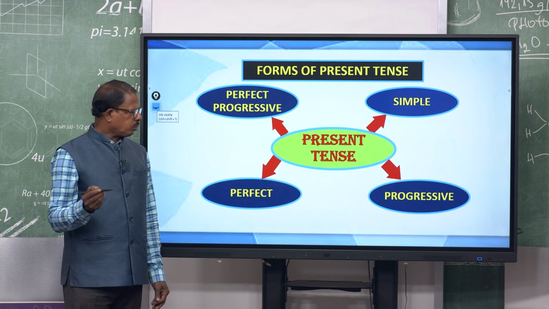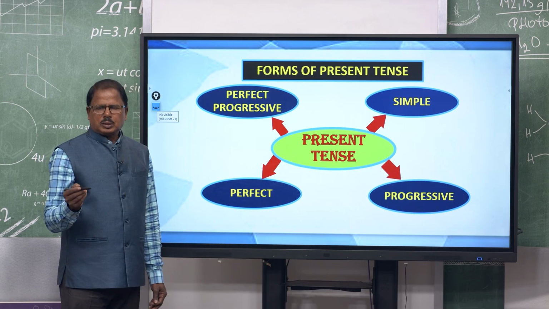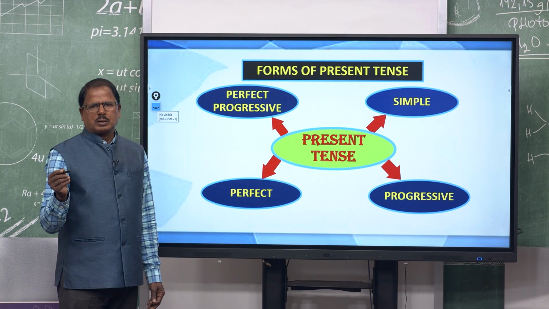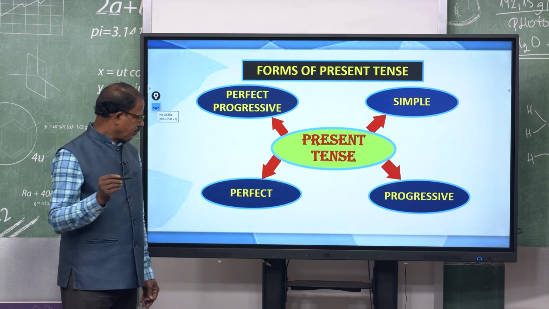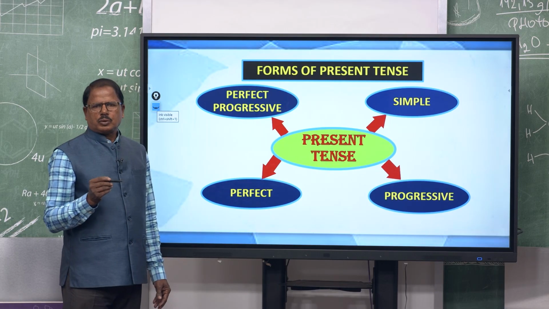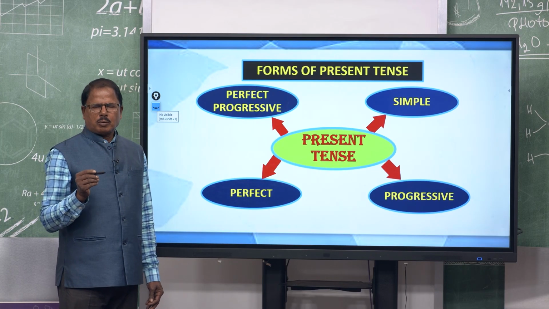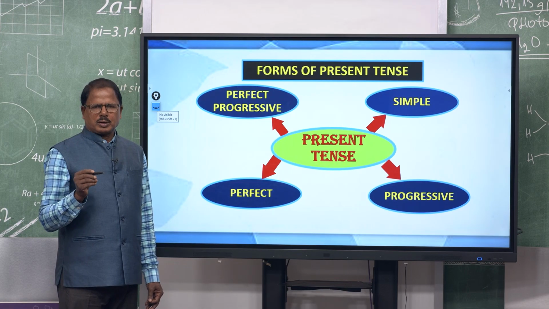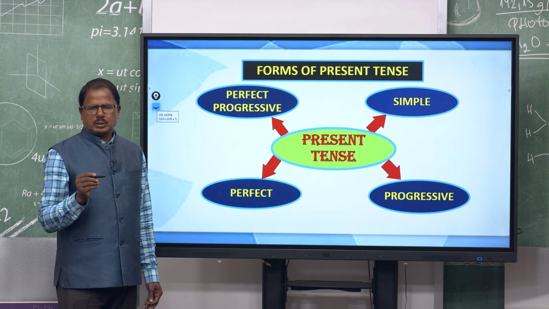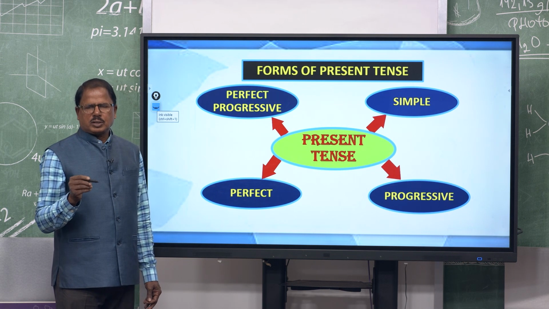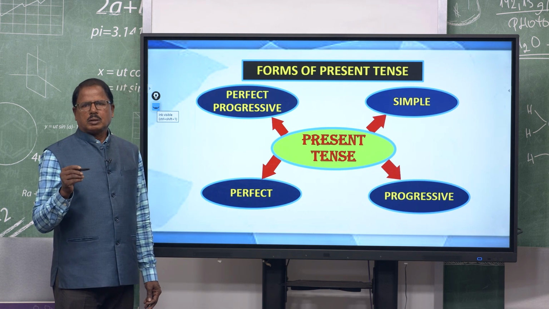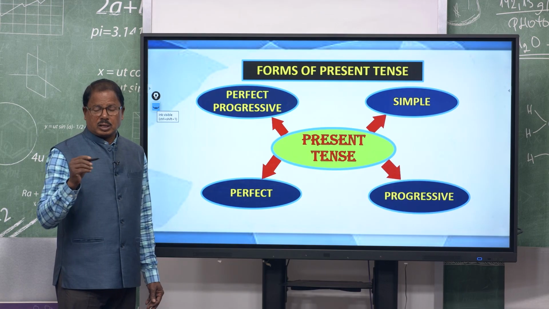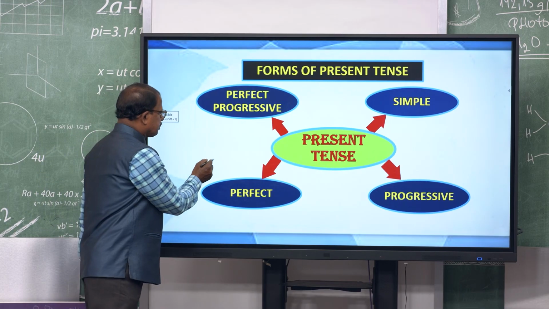Simple form means the base form; progressive is be verb plus ing, is, am, are plus verb plus ing; perfect is has or have plus the third form of the verb; perfect progressive is a combination of both progressive and perfect. I have been going, I have been listening, it has been raining, like this, right.